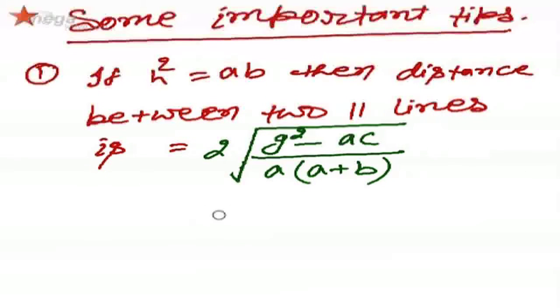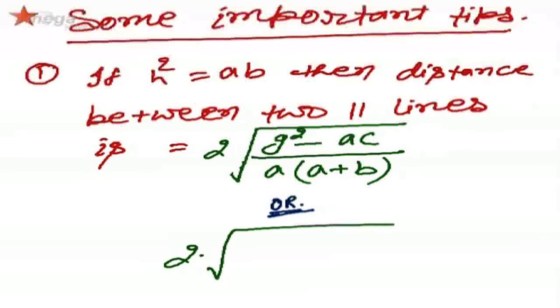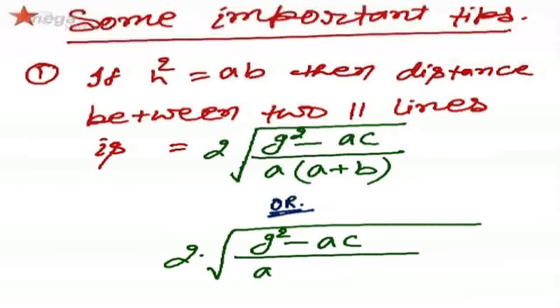Or student, you can remember it like this also: 2 into root under (g square minus ac) upon (a square plus h square), because h square is equal to ab, so when you open the bracket, this ab becomes h square. So you can remember it either way.